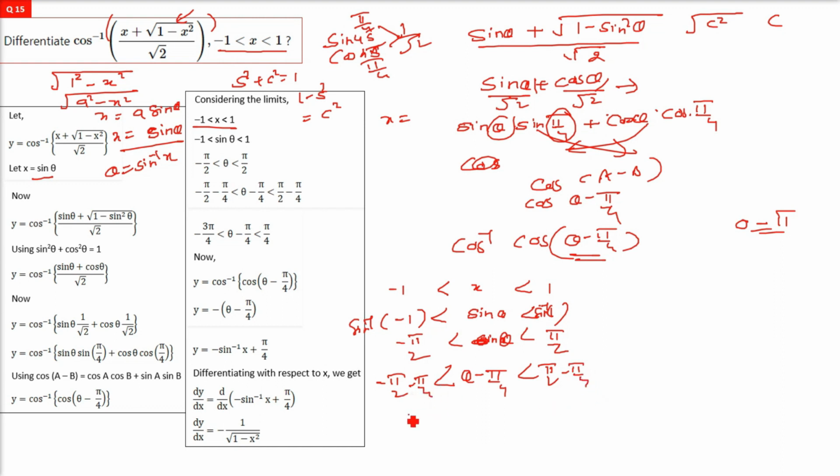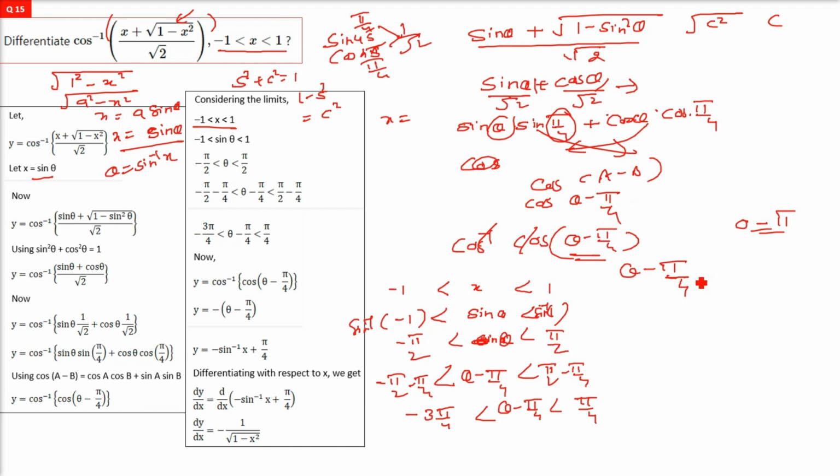So this is minus 3 pi by 4, and pi by 2 minus pi by 4 is going to be pi by 4 only. Now is this limit inside 0 and pi? No, this is not between 0 and pi, because you have gone ahead of that or outside that.